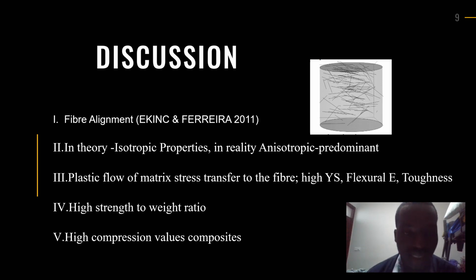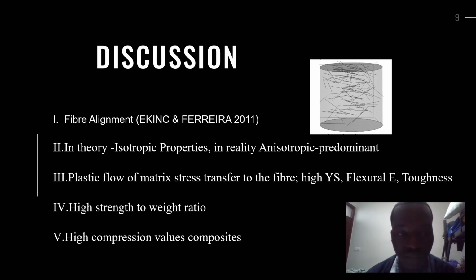However, Atkins and Ferreira in 2011 discovered that when you compress the fibers in a mold, they end up being arranged in a more horizontal manner, as they discovered that 50% of the fibers were oriented at an angle of 10 degrees above the horizontal, and 80% of the fibers were oriented at an angle of 20 degrees above the horizontal. And so we can deduce that most of the fibers tend to be oriented in a more horizontal manner when you compress them, as we did in the molds.